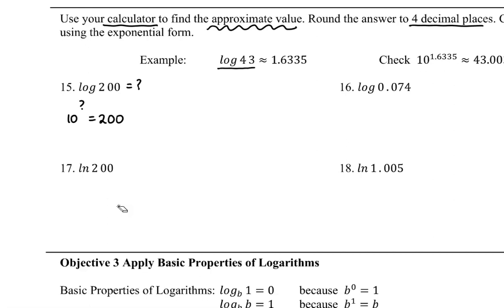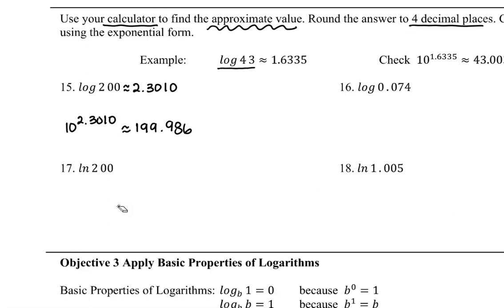So instead, we just go to the calculator and type in log 200, and the calculator gives us approximately 2.3010. And then we can check that in the calculator, because when we take this exponent and put it on 10, what we get out is something very close to 200. We get out 199.986.